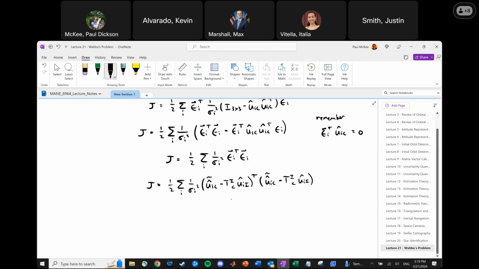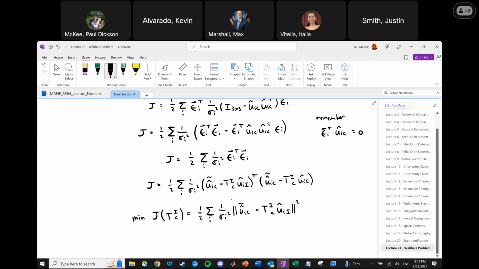So we're trying to minimize J, which is a function of T from I to C, which is 1/2 times the sum over all I of 1 over sigma I squared, and then this is just the norm of UIC minus T from I to C UII, squared.